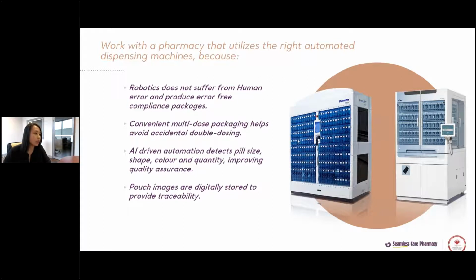Our technology here also allows us to detect pill size, shape, color, quantity, and therefore improving our quality assurance. Our medication pouches also undergo another device that is able to digitally take photos of every single pouch before it leaves the pharmacy, and it is then stored for us to be able to provide traceability.